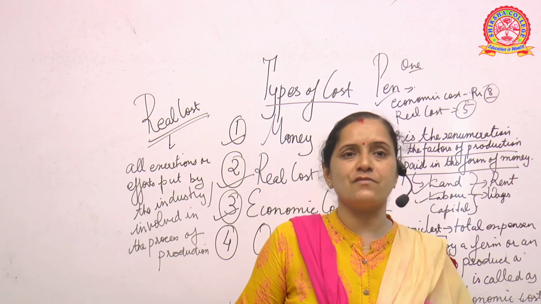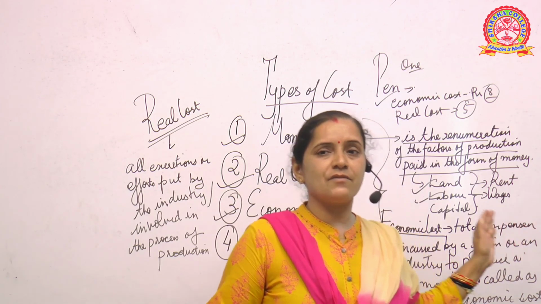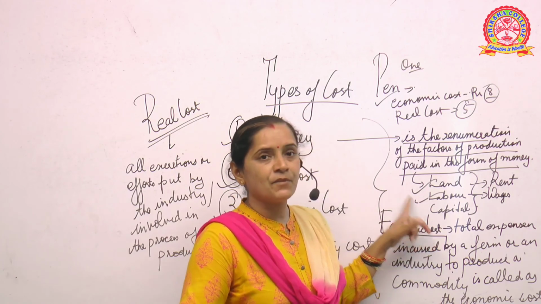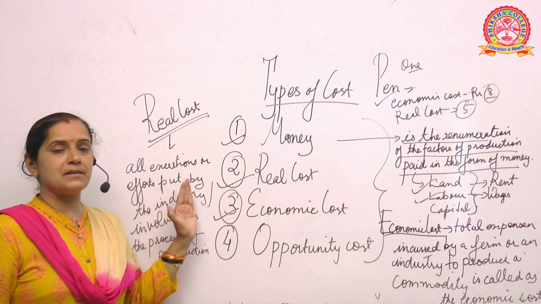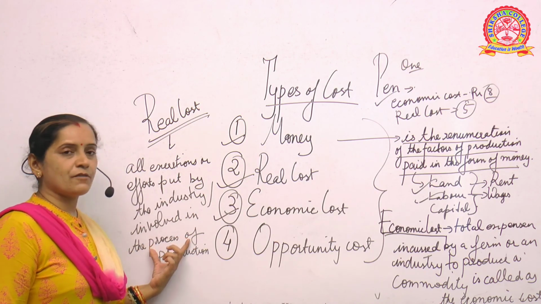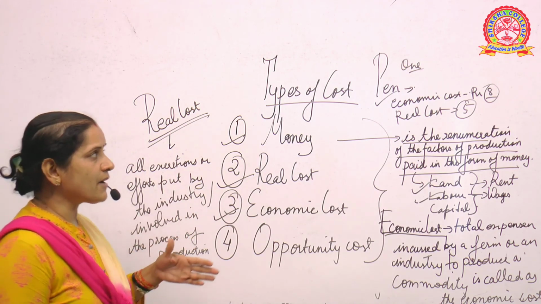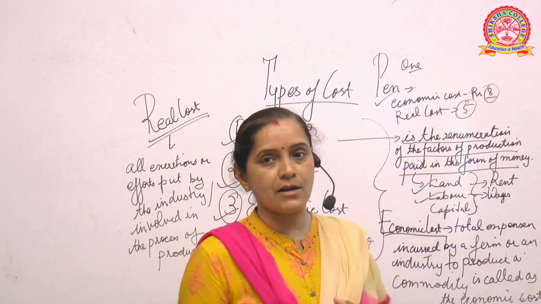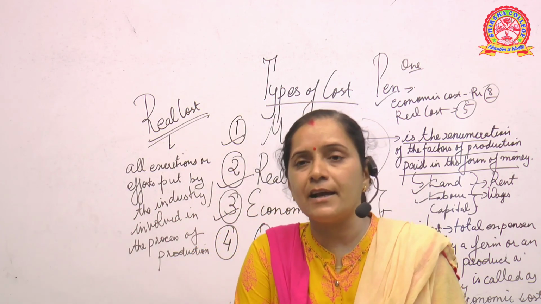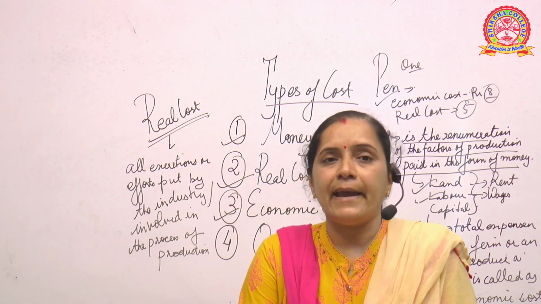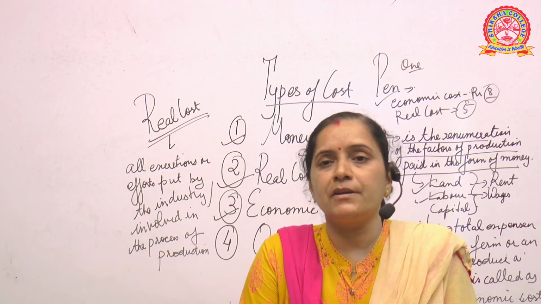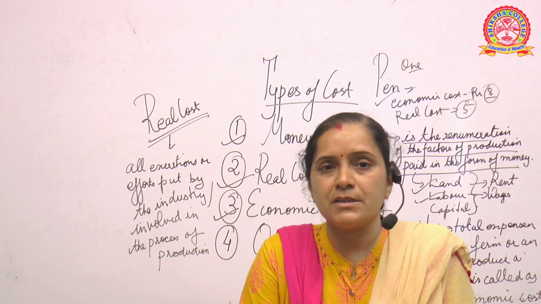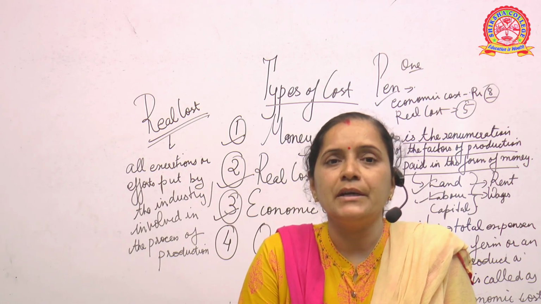But in real cost, we are only talking about the amount of expenses required for the process of production. When we are talking about economic cost, we are including all the other heads of expenses which are required by the firm or industry to produce a commodity. So this is the basic difference which you have to keep in your mind.